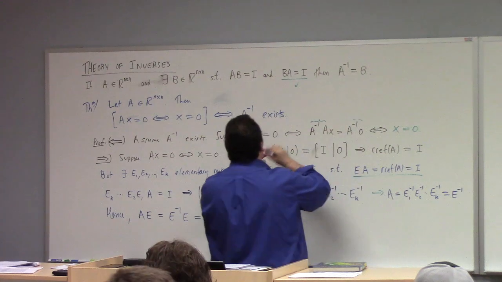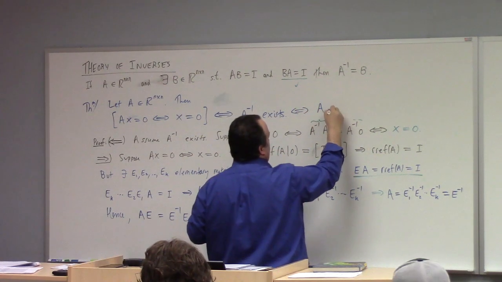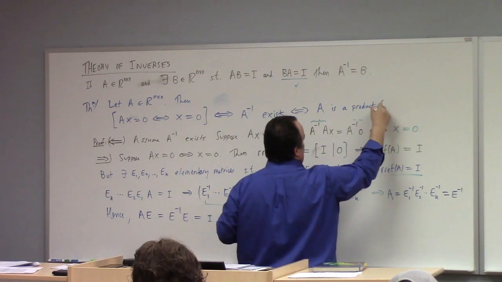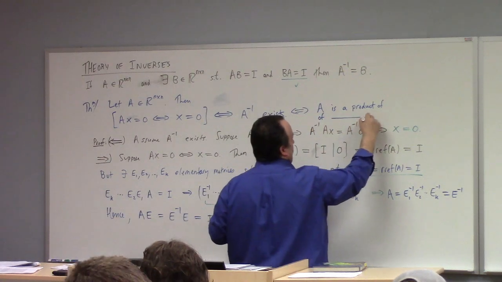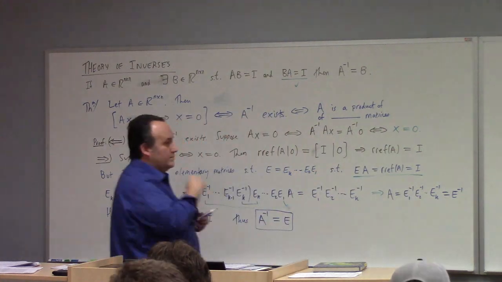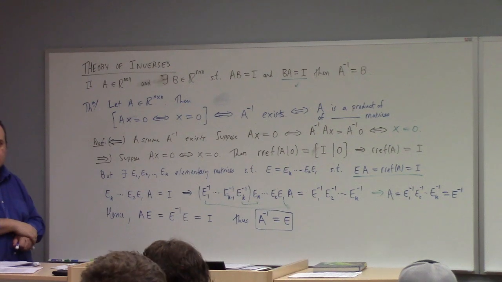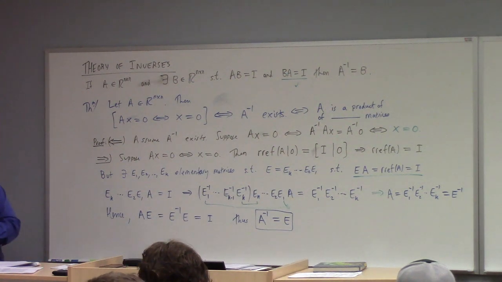We can add more because we can say this is true if and only if A is a product of what? What kind of matrices? True, but there's a special kind of matrix, not just any matrix.